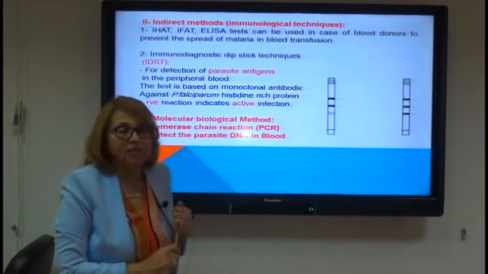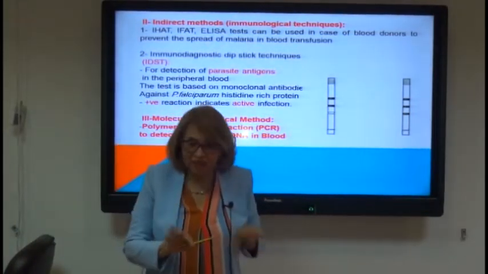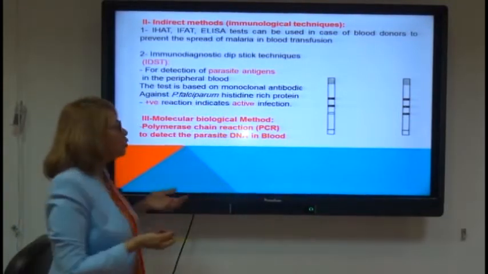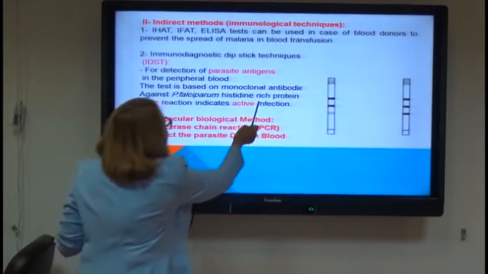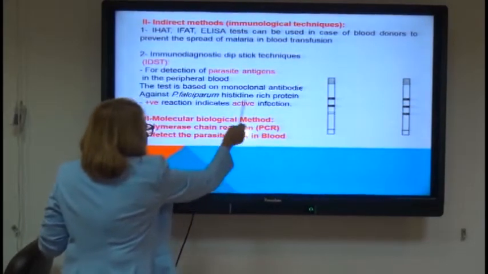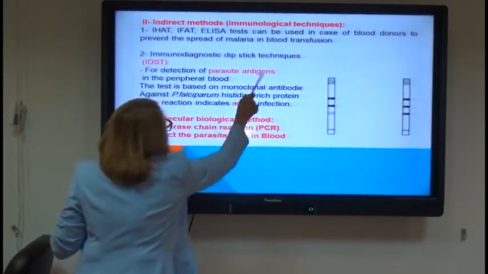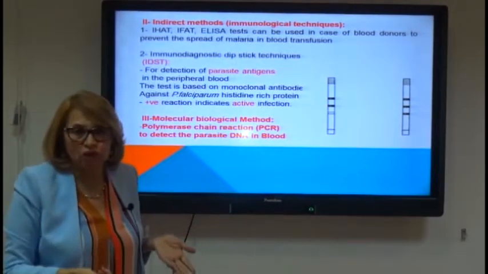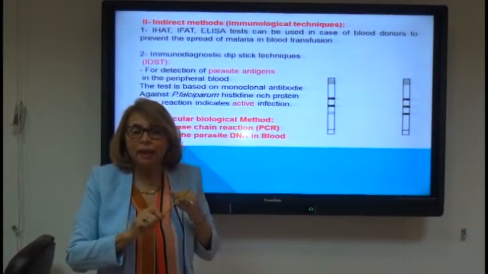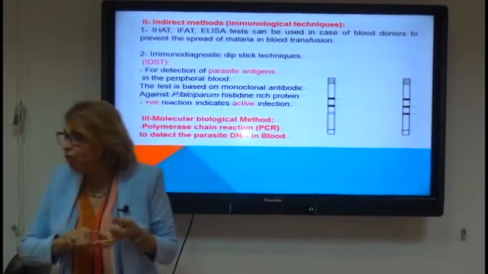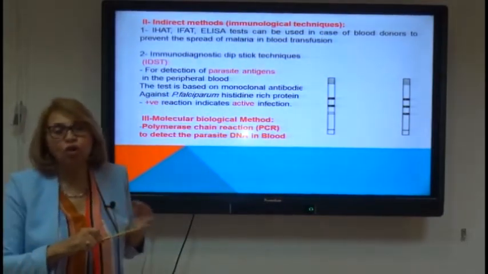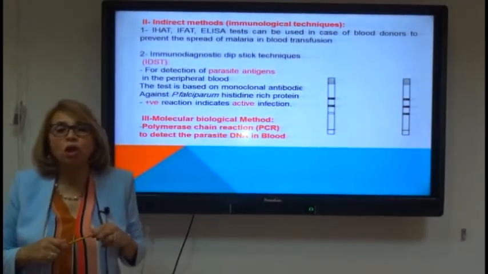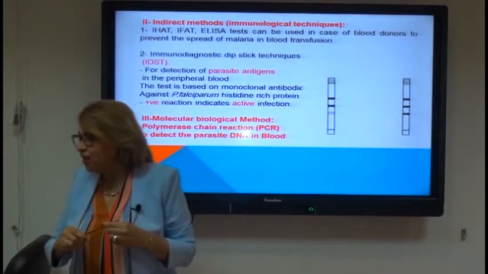The blood film is very important for diagnosis, and the immunodiagnostic test is important for diagnosis of active infection, by detection of antigen. The detection of antibodies is only for blood donors. The third method is the molecular biological method, the polymerase chain reaction PCR, for detection of the DNA of the parasite.